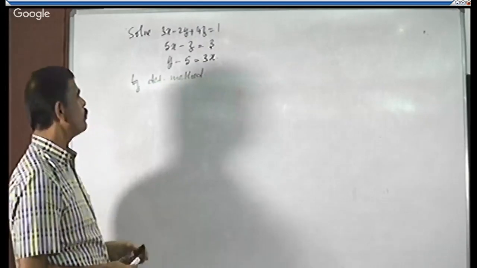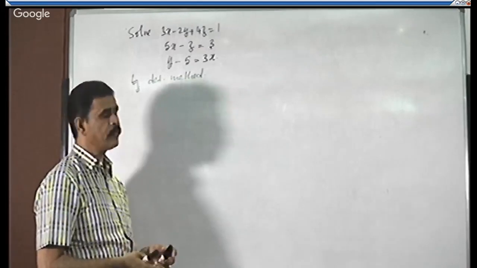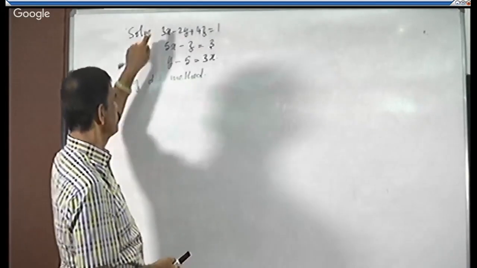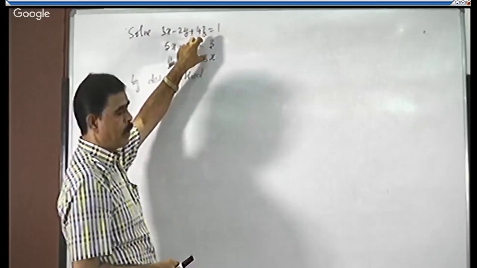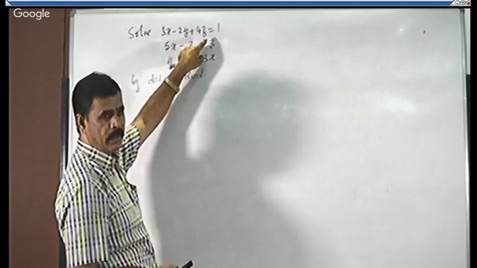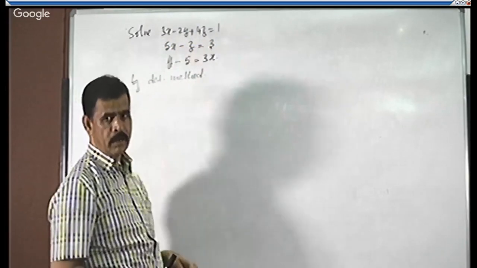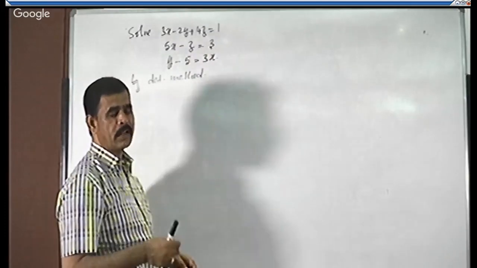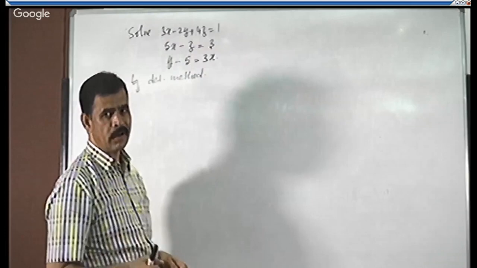See the equations. How many equations are there? 3 equations. Hence, we have 3 unknowns: x, y, z. Please remember the unknowns here are x, y, z. In some problems, the unknowns may be p, q, r, or T1, T2, T3, or R1, R2, R3.